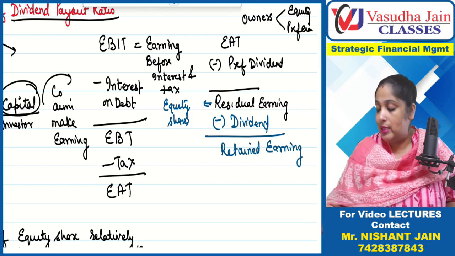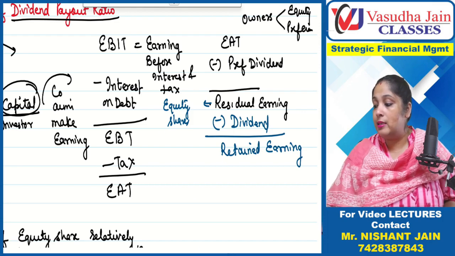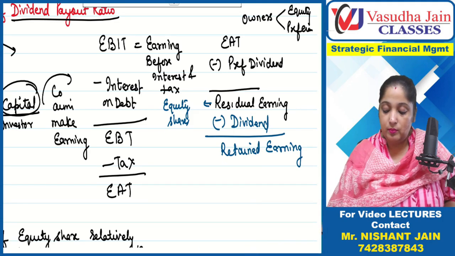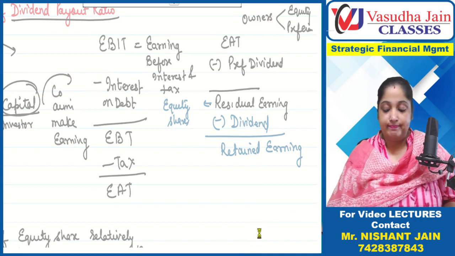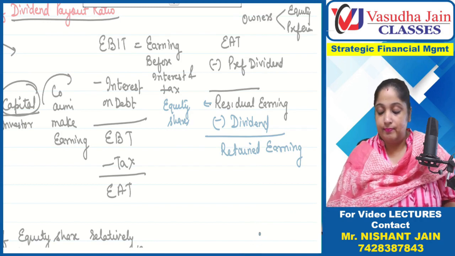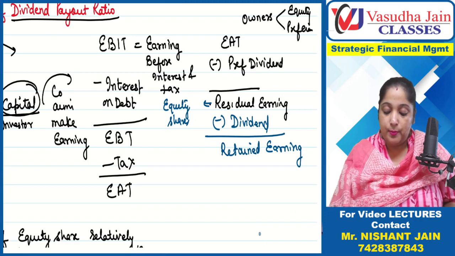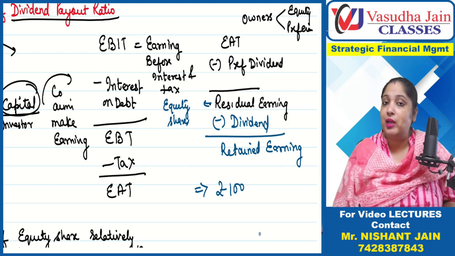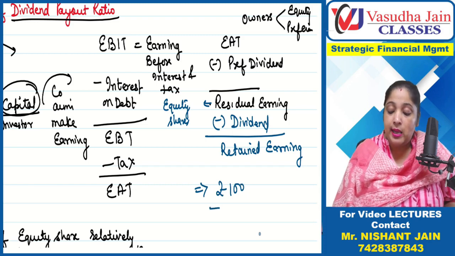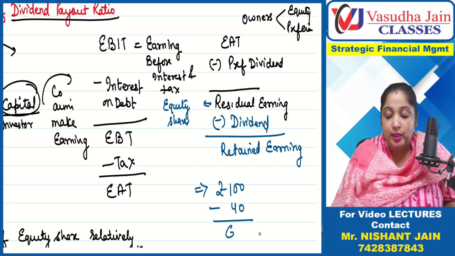Now suppose, for example, the residual earning is 100 rupees, which is available for equity shareholders. Out of this, let us say 40 rupees is distributed as dividend and 60 is retained.